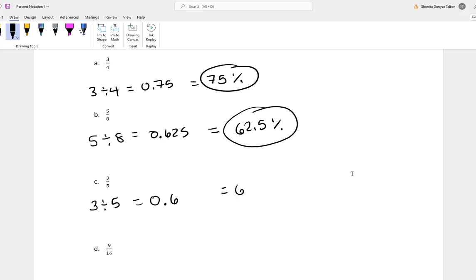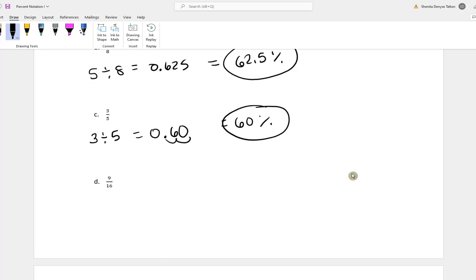Move the decimal place over twice, you get 60%. So don't forget you need a 0 for a placeholder, and you'll get 60%. The next one is 9 over 16. You put 9 divided by 16 in your calculator, you get 0.563. Move your decimal over two places to the right, you get 56.3%.